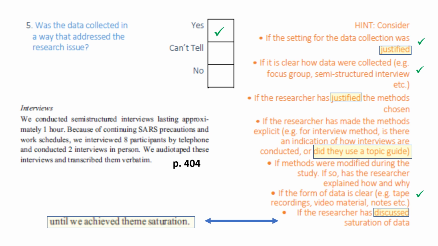They don't tell us very much about the topic guide, either their use of it or an example of the questions in it, and they describe achievement of theme saturation but don't actually discuss it. Notwithstanding this, we can see that this particular method is appropriate in terms of how the data were collected and the methods chosen, which is why we give it a fairly generous yes rating here.